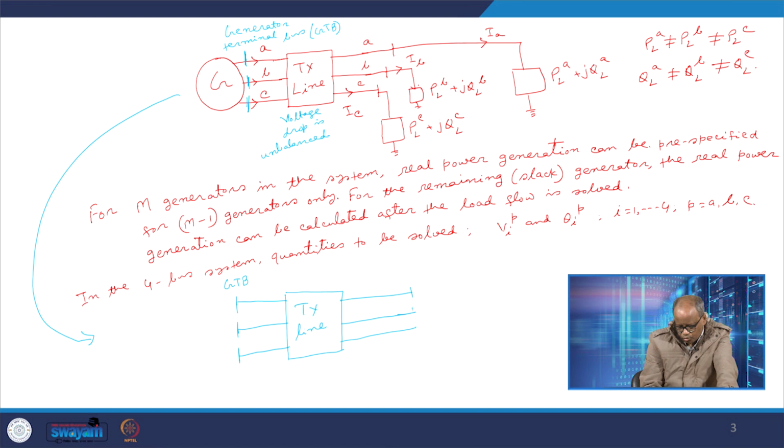So these three are load bus, LB, and then I have got an unbalanced load here.